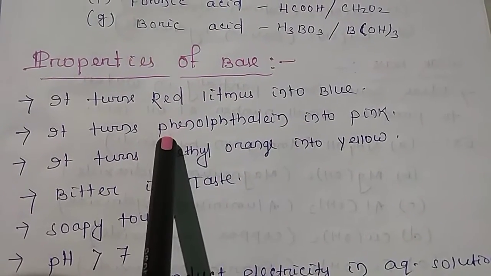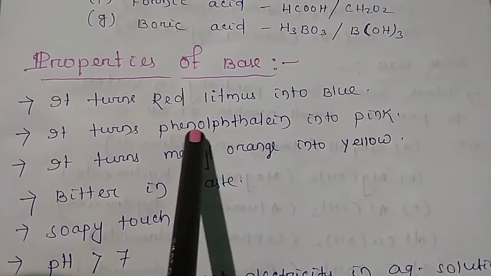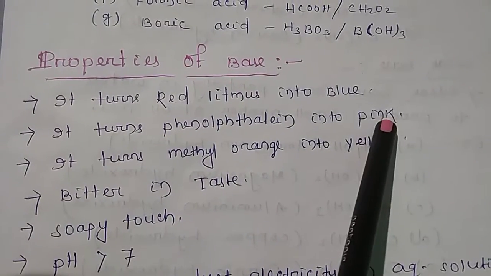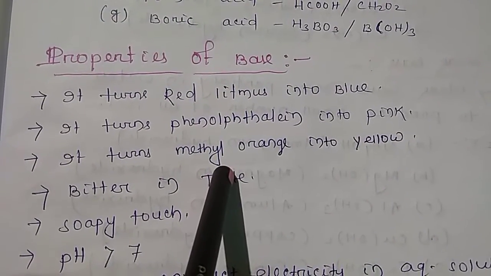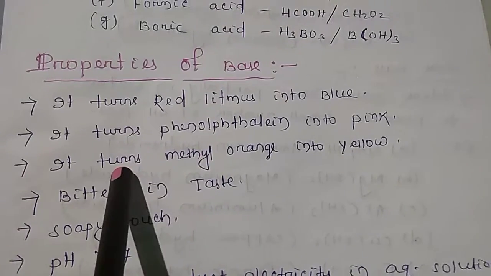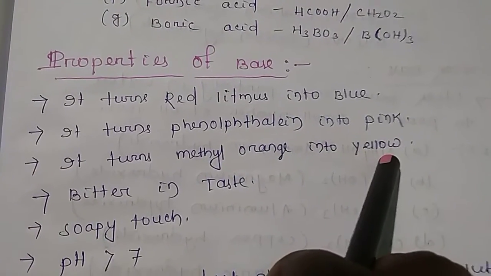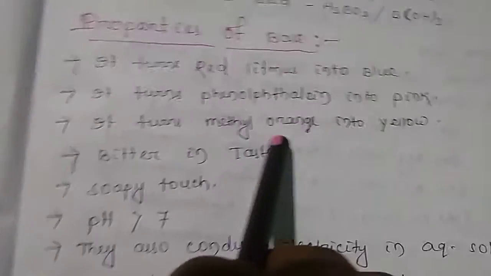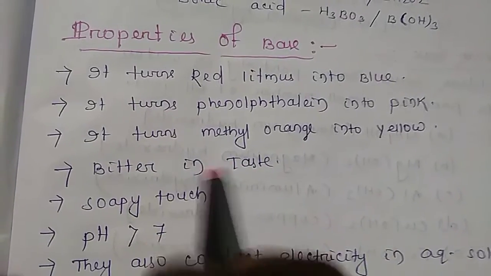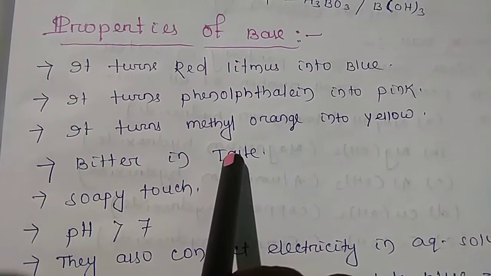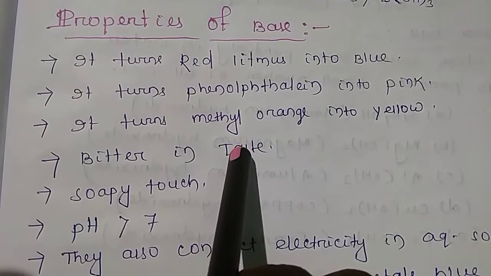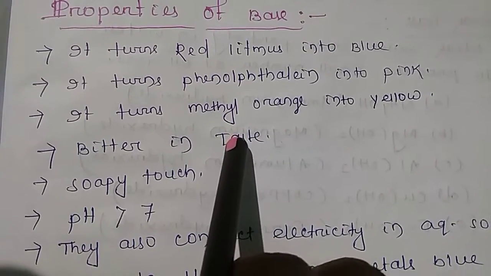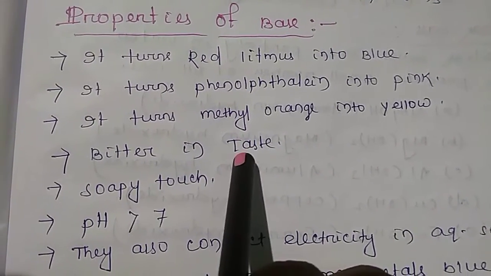When phenolphthalein comes in contact with a base, it turns pink. And when methyl orange comes in contact with a base, it turns yellow. If we eat something and its taste is bitter, then it has come in contact with a base, or we can simply say that base is bitter in taste.